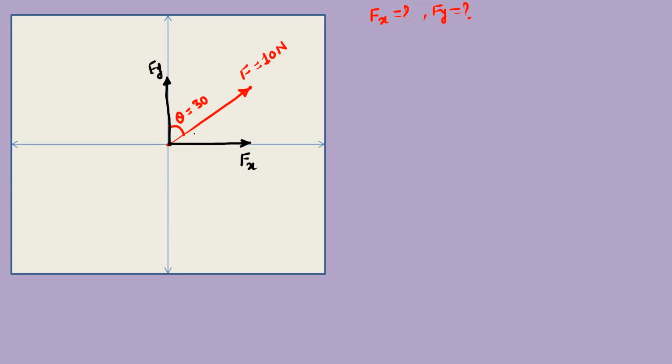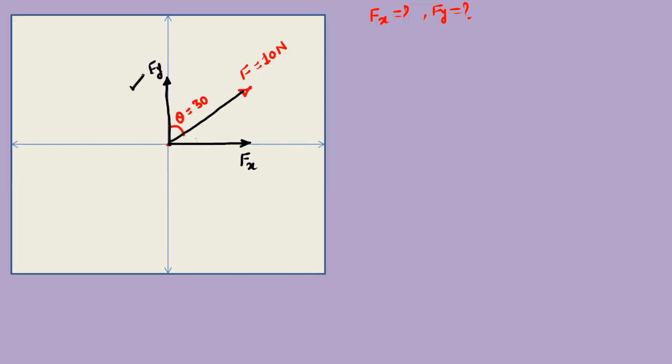In the previous case, the angle was given with respect to the x-axis, and therefore Fx was adjacent to the given angle. But in this case, the angle theta is given with respect to the y-axis.